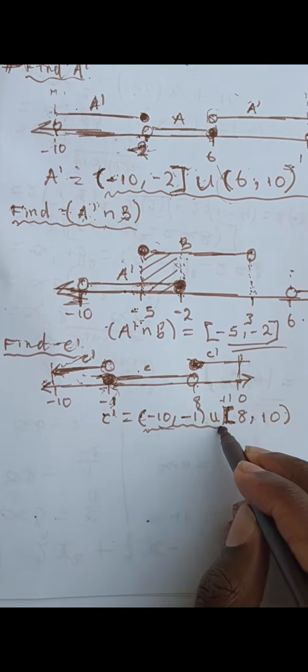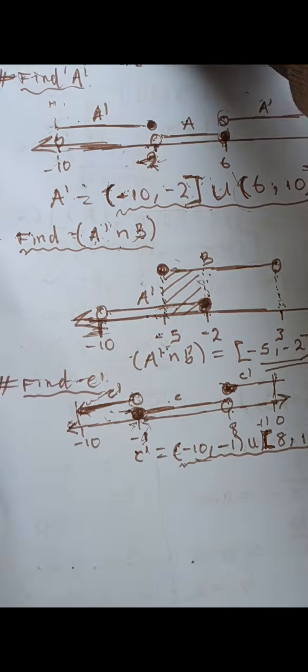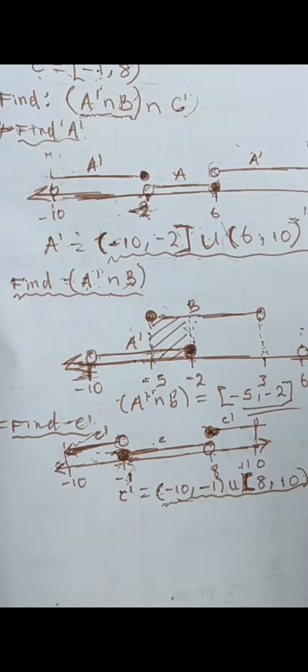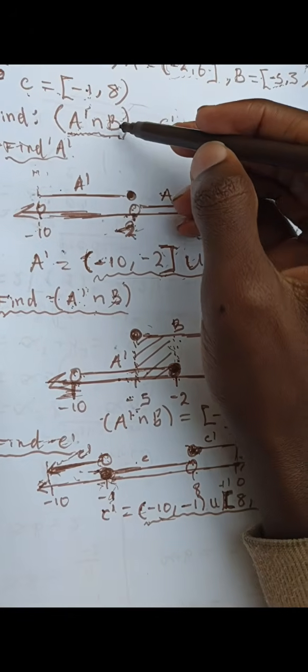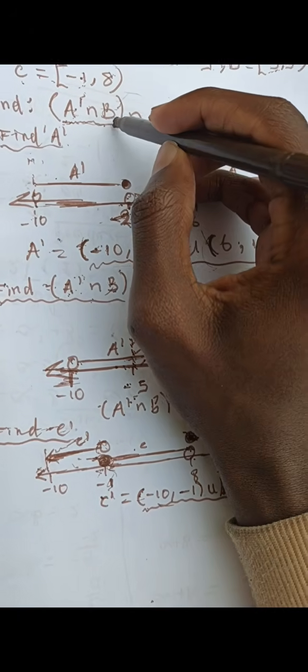So we've just found our C complement, which is a good thing. We've made our work easier now. Like I told you, find part by part. So we've found these complements.